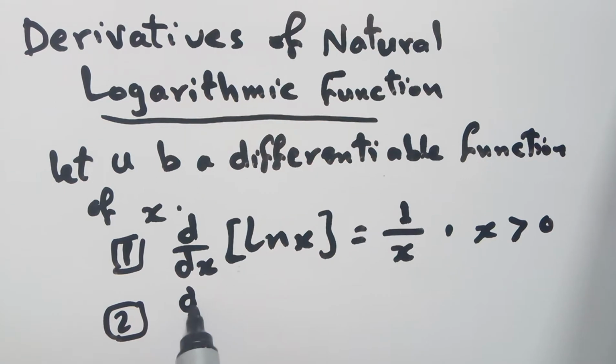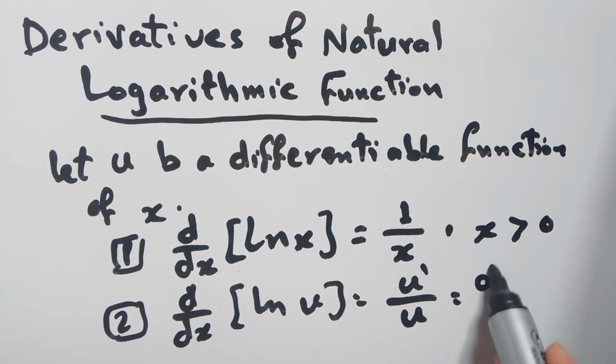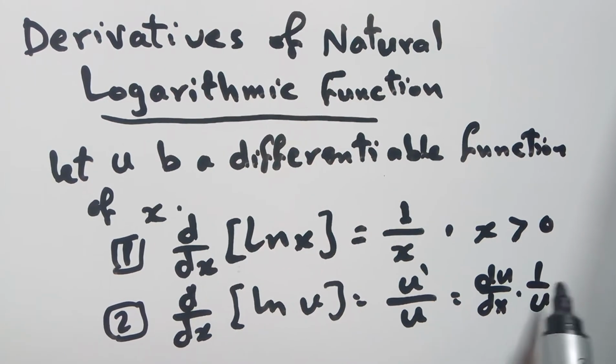The second rule, d/dx for ln u, is the derivative of u, or du/dx, multiplied by 1 over u, in which u is more than 0. These are the rules for how to get the derivative for ln x or ln u.